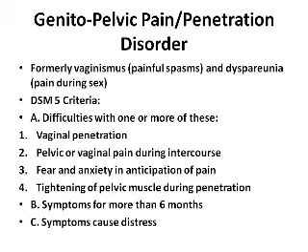So if your vagina hurts or your pelvis hurts during intercourse, that may be another symptom. Number 3, fear and anxiety in anticipation of pain. Number 4, tightening of the pelvic muscle during penetration. So all of this causes painful spasms or pain during sex. If you have 2 or more of these symptoms, then you have met criterion A.